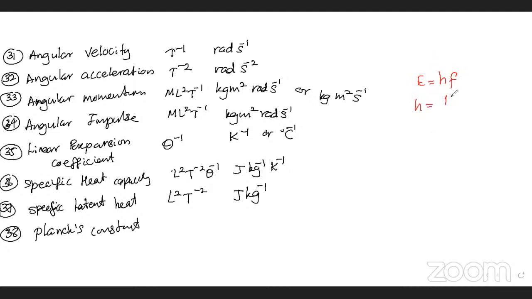So the Planck constant can be written in this way. Energy has dimension M L square T minus 2, and frequency has dimension T minus 1. Simplifying, you can write M L square T minus 1. In units, this is joules and this is per second, so its unit is joule second.